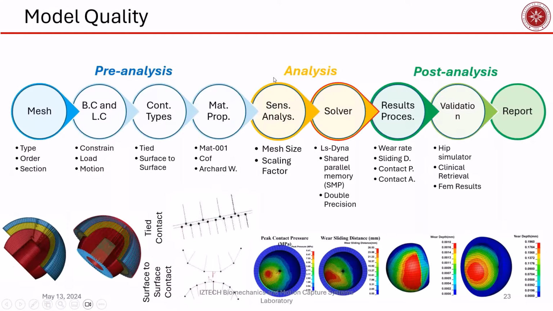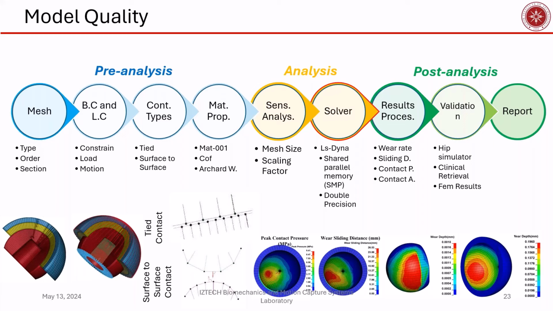Firstly, I will mention enhancing the model quality. There are 3 steps in this study. First of all, the pre-analysis steps, which include the mesh type, order and section, boundary condition and loading condition, contact types, and material properties.